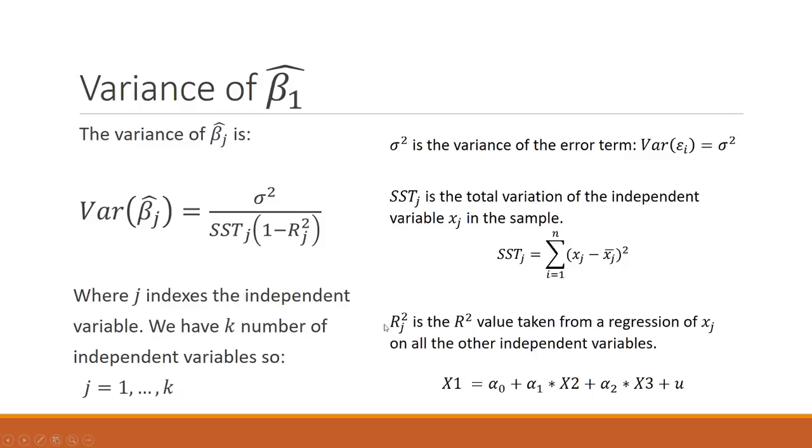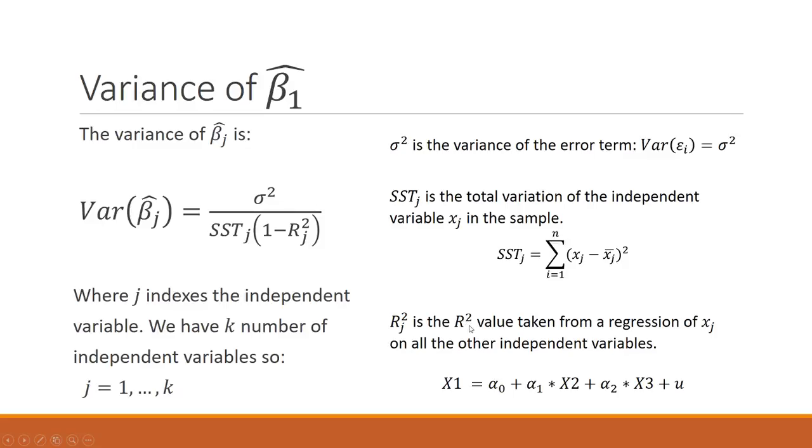All right. And then lastly, the last term here, R squared j, is the R squared value taken from a regression of xj on all the other independent variables. So let's say we're thinking about x1, the first independent variable.